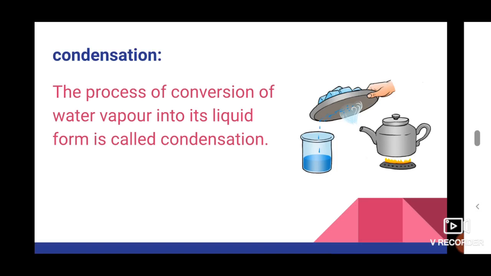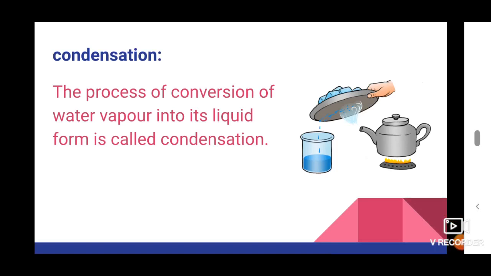So, what is condensation? Condensation is the process of conversion of water vapor into its liquid. In this way, we can collect the water and we can collect the salt also. So, what is evaporation?